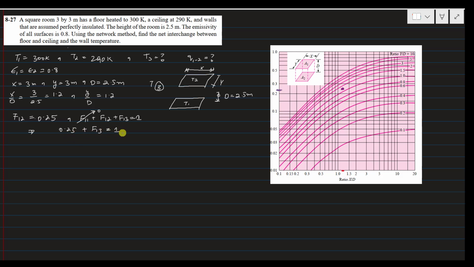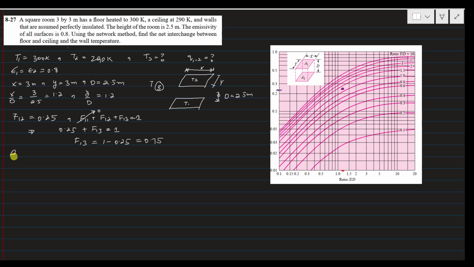If we subtract 0.25 from 1, you get the shape factor F13, that is 1 minus 0.25, which is 0.75.